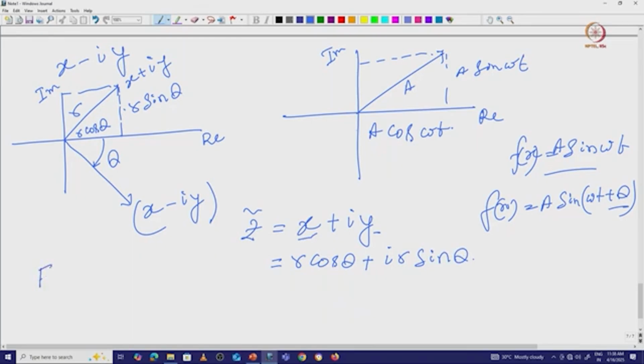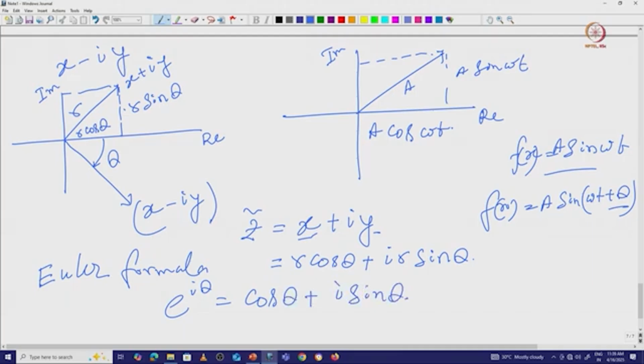Now from the Euler formula, you just remember that we are not going for the derivation, how we can prove the Euler formula, because that is not the goal of this course. So from the Euler formula, e to the power I theta equals cos theta plus I sin theta.